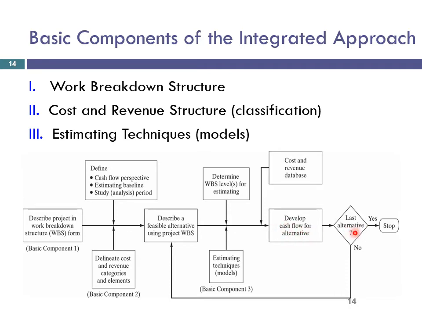So if this is the last alternative, we will stop. Otherwise, if there are some other alternatives, we will return back to this point and describe these projects' work breakdown structure. We will again determine the WBS levels for estimating and use estimating techniques for this alternative's costs and revenues.